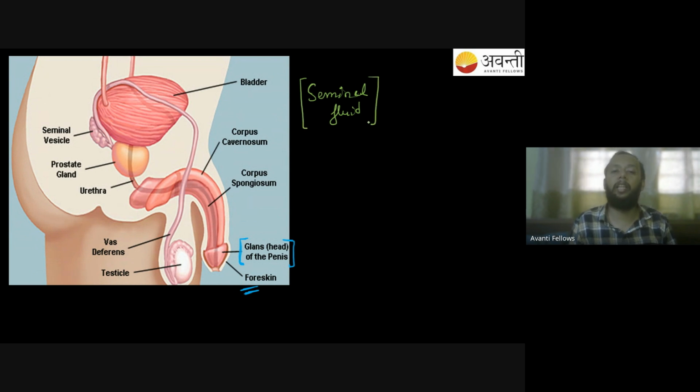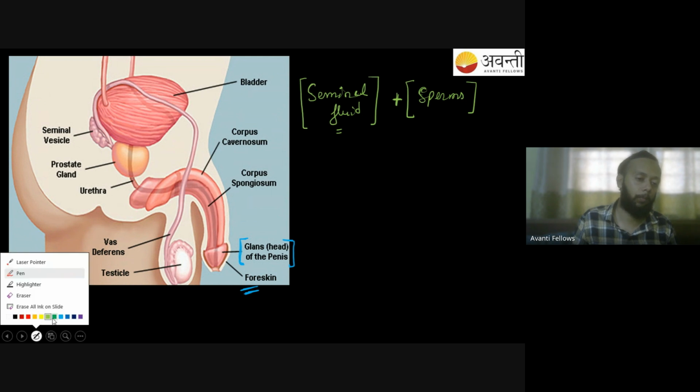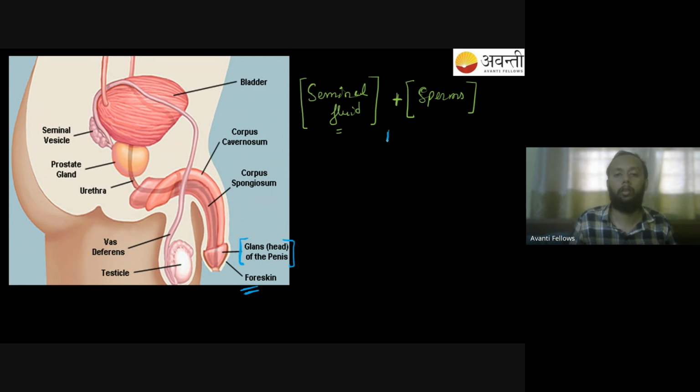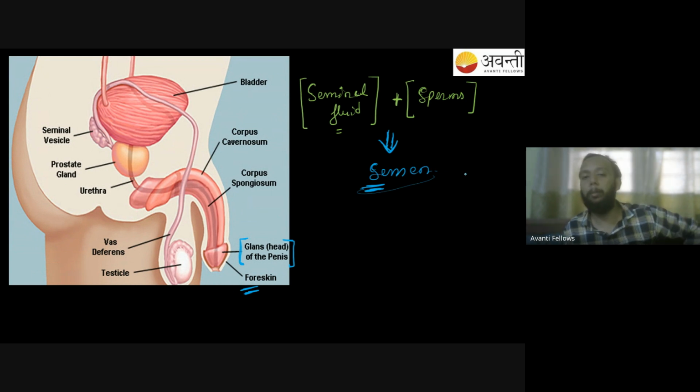All those three glands have some secretion, and the secretion is called seminal fluid. This seminal fluid plus sperms are collectively called semen.